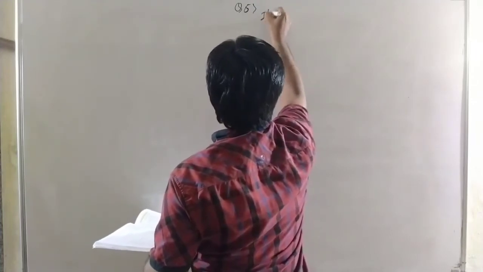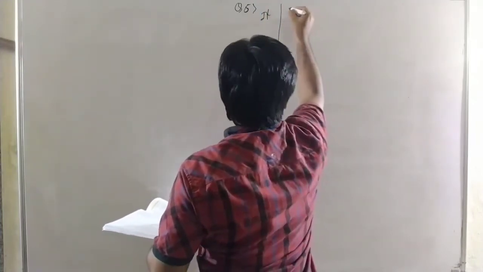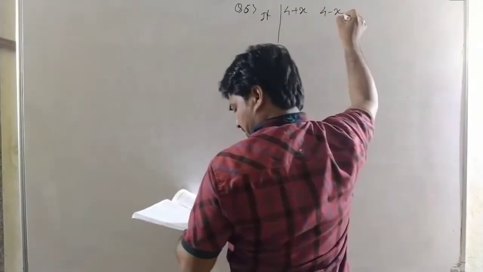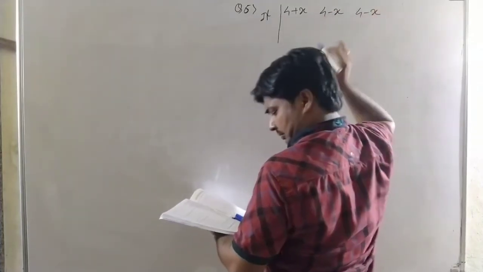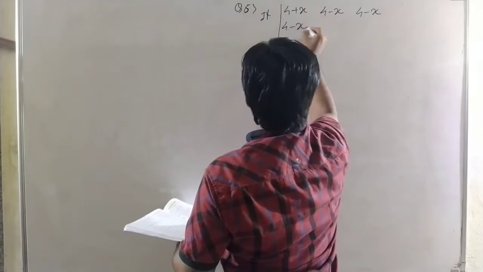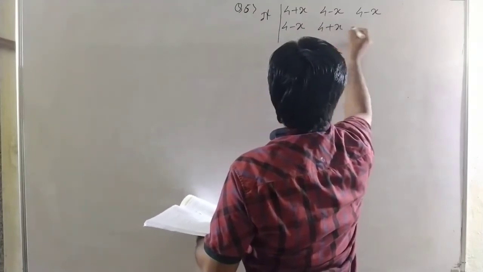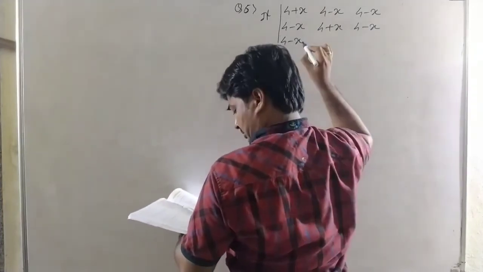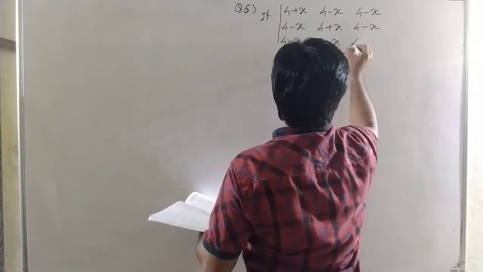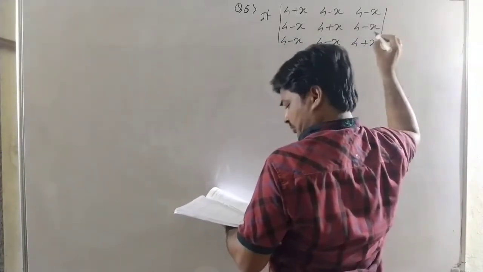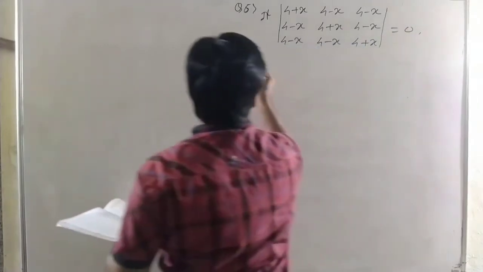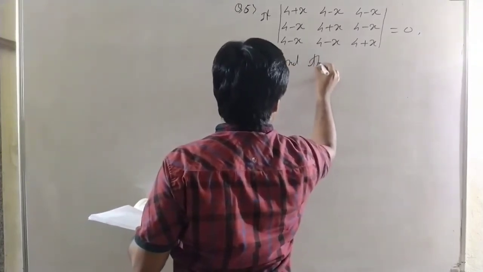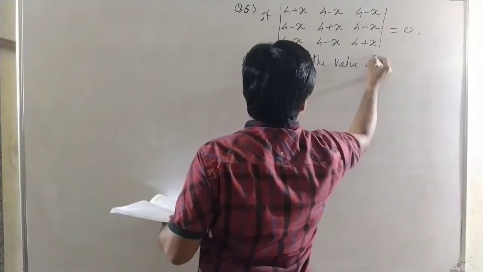If 4 plus x, 4 minus x, 4 minus x; 4 minus x, 4 plus x, 4 minus x; 4 minus x, 4 minus x, 4 plus x is equal to 0, then find the value of x.